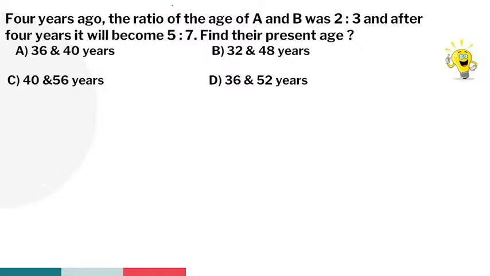Four years ago, the ratio of the ages of A and B was 2 is to 3. And after 4 years, it will become 5 is to 7. Find their present age. What is the answer, guys?